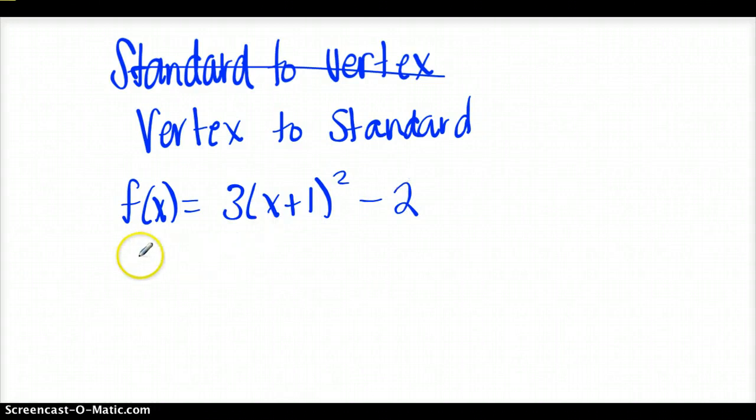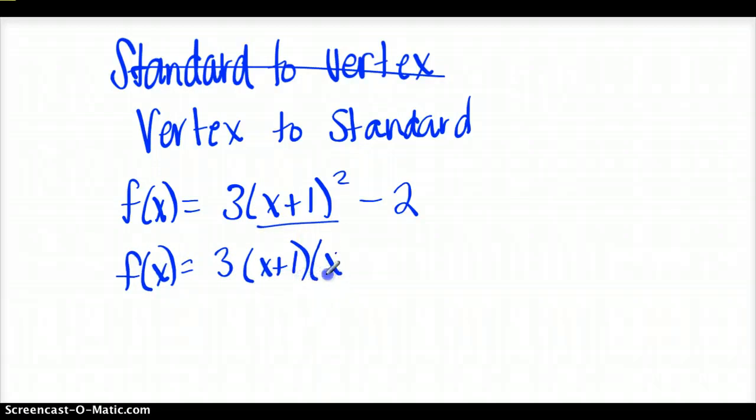The first thing you need to do to get to standard form is to write this twice. So I'd have x plus 1 times x plus 1, and the 3 would stay there. Now, when I'm doing this, I ignore this 3 for just a moment, and I find this. So I would distribute here. x times x is x squared, x times 1 is x, 1 times x is x, and 1 times 1 is 1.